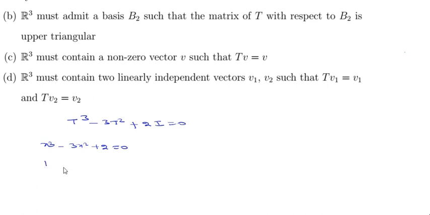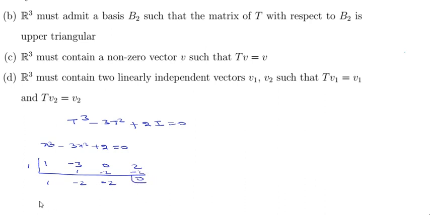Therefore, we will do the synthetic division. So 1, minus 3, 0, 2, and 1. 1 is 1, 1 minus 3 is minus 2, so here we get minus 2, and 1 into minus 2 is minus 2, 0.